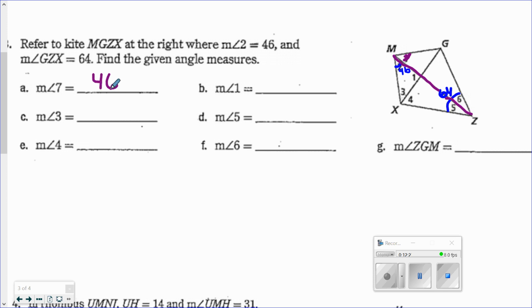So let's focus then on angle 5 and 6. If we know that that large angle is 64, then if I just divide 64 by 2, I will get the measure of angle 5 and angle 6. So 64 divided by 2 is 32. So angle 5 is equal to 32 degrees, and angle 6 is equal to 32 degrees.